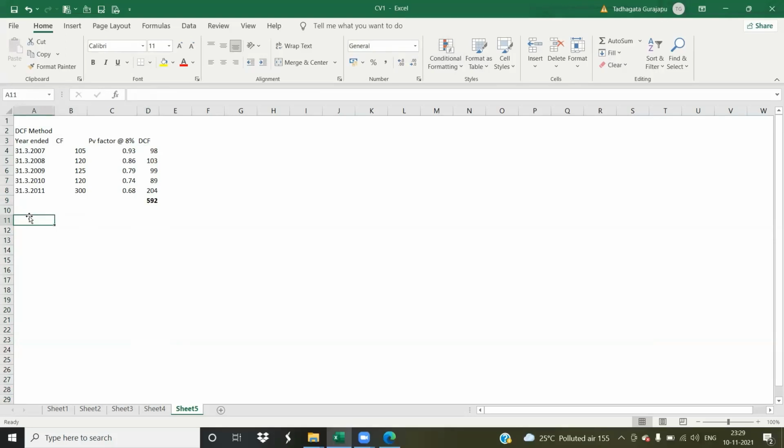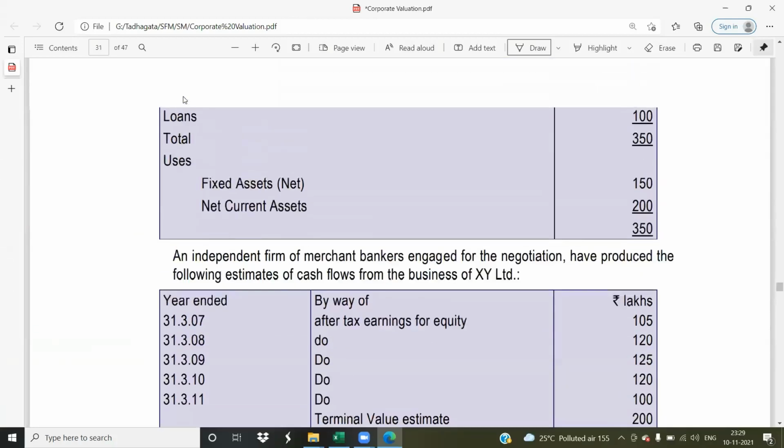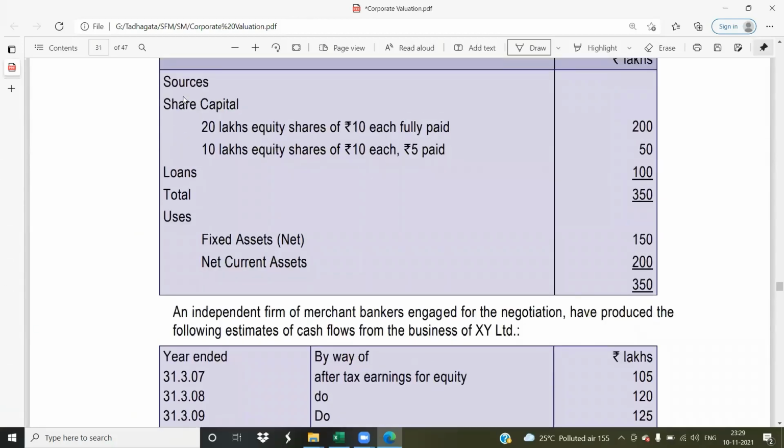So what is the value as per NAV method? Value as per NAV method, right? So it is 350 minus 100.